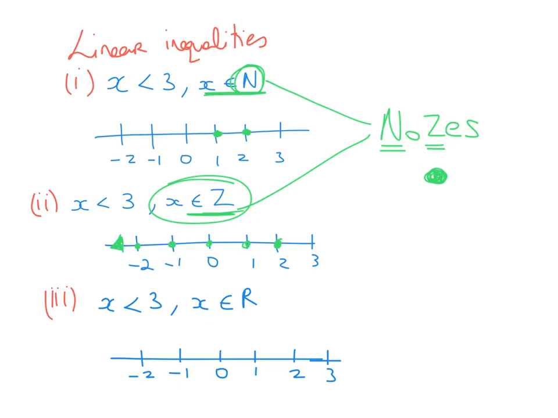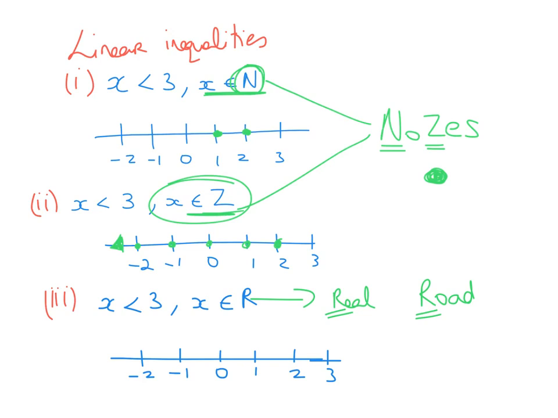And then our final one to look at is that x is less than 3 again, but this time it's an element of R. So if you see R, it's a real number, but in this case we don't draw noses. Because it's R, you're going to draw a road. Now, the reason why we draw a road, which is basically a continuous line, is because they're not just whole numbers anymore.